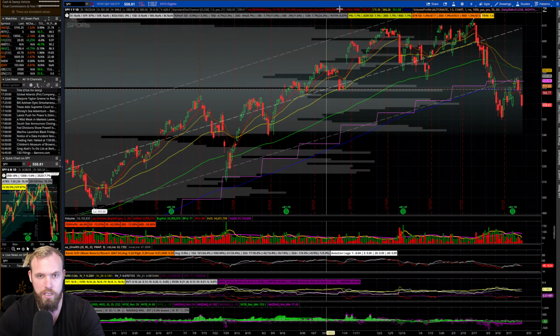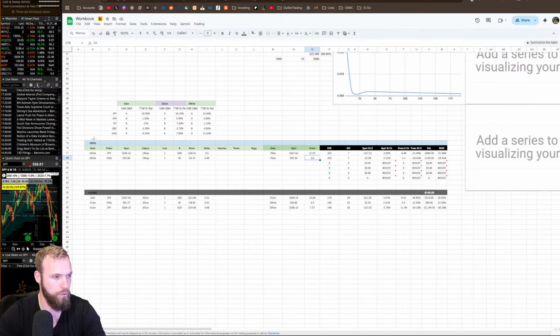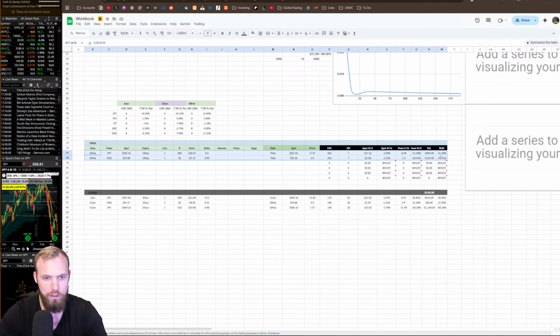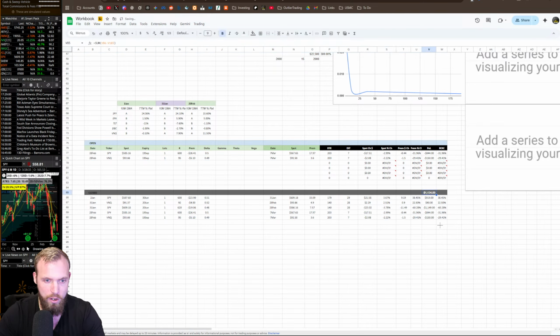And let's see where everything would sit. So here's where we're at so far. Our total P&L on the year is down 1134. Again, depending on what the account size is, which we don't really have in this example.